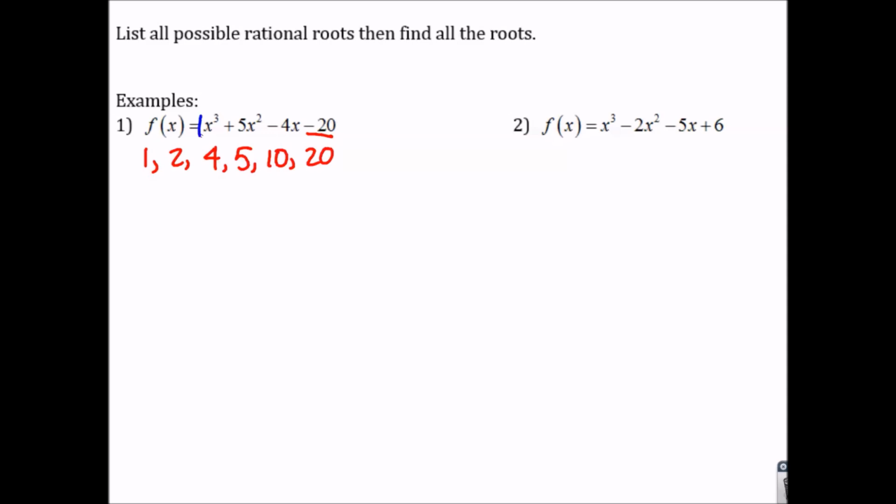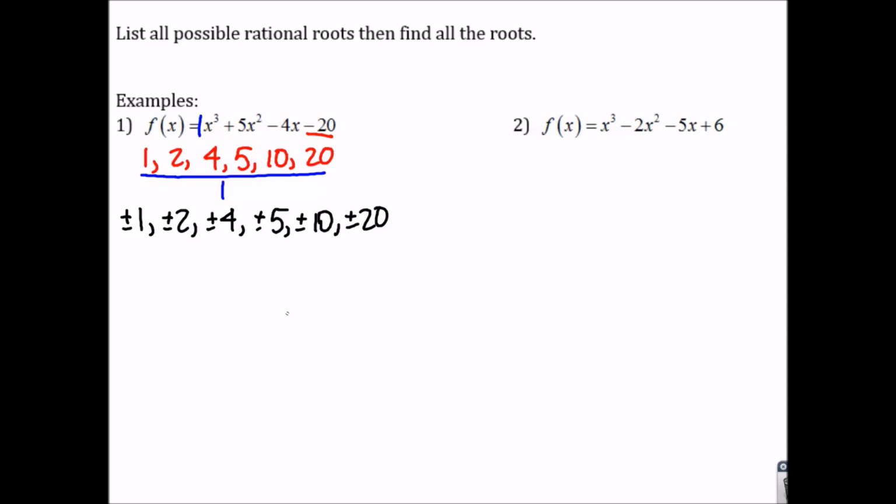Our leading coefficient is 1. So when we divide these, we get positive and negative 1, 2, 4, 5, 10, and 20. So that is our list of possible roots.